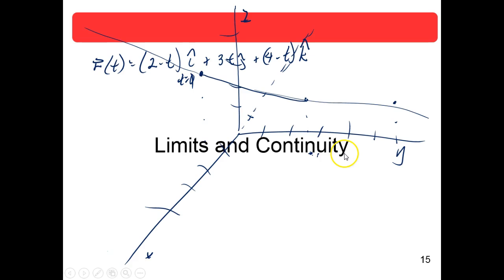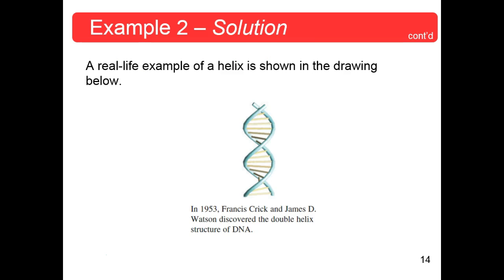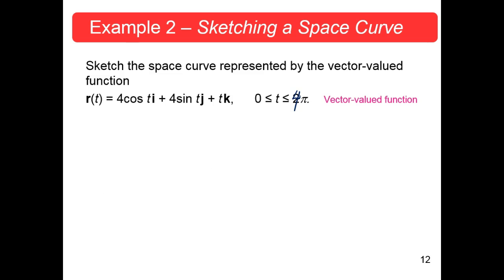Okay. Let me see if we can do, I think I'll go back to here and do example 3. Represent the parabola y is equal to x squared plus 1 by a vector valued function. So now we're going the other way.